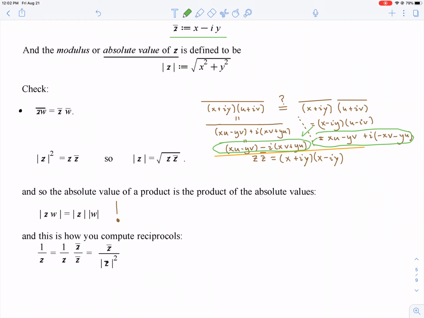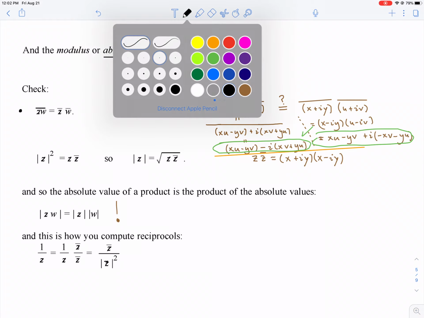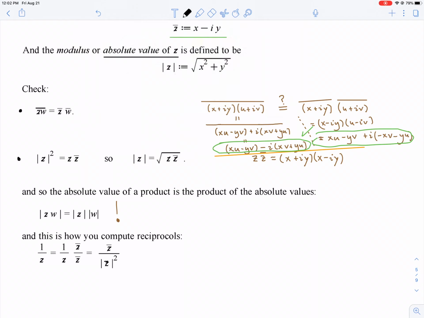And also important is the fact that we can express the absolute value in terms of products and conjugation. So z z bar is just x plus iy times x minus iy, which is x squared minus i squared y squared, which is plus y squared.